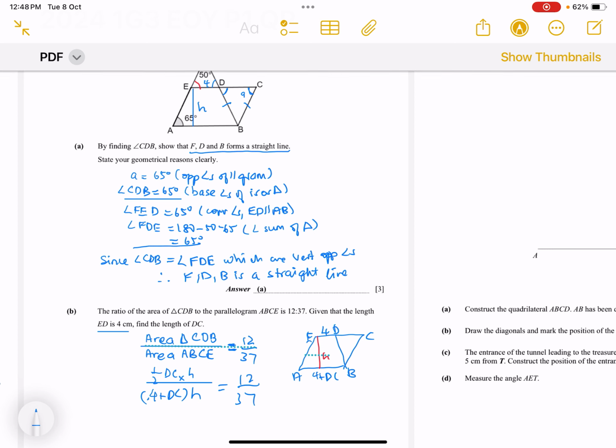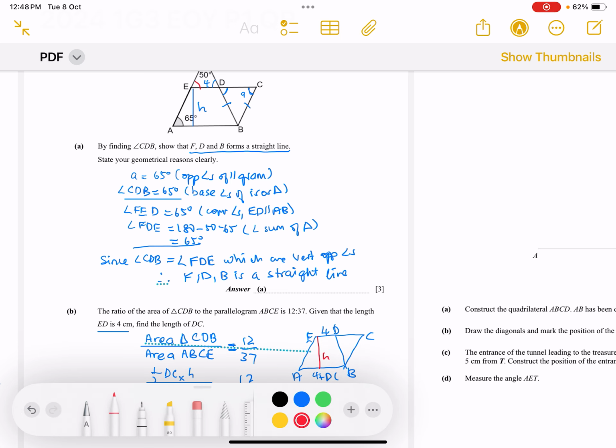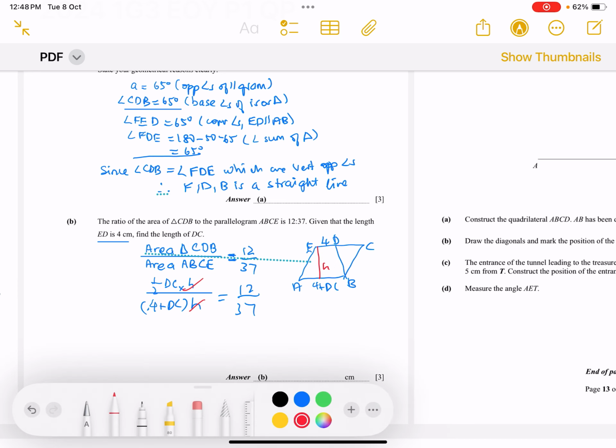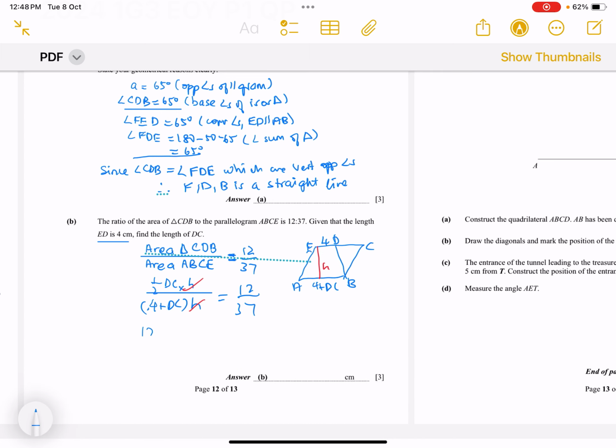Okay, so here we see that the height is cancelled off. And now we can cross multiply. So when we cross multiply, then we have 12 DC equals 7 divided by 2 times DC.